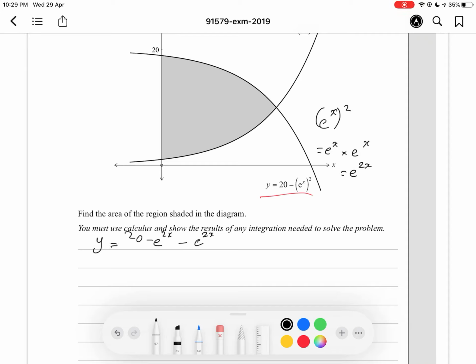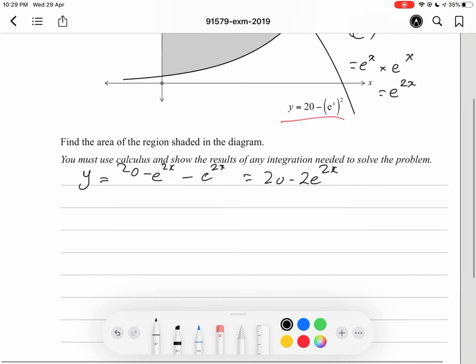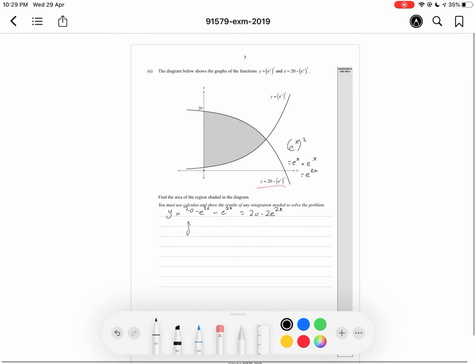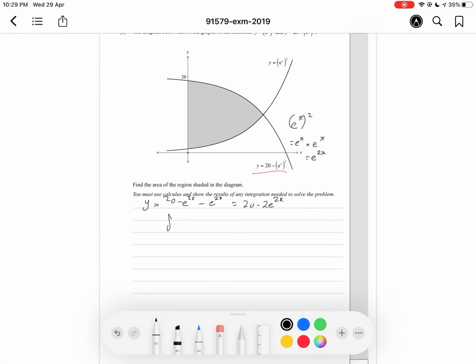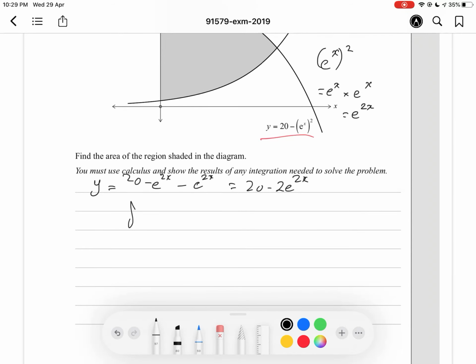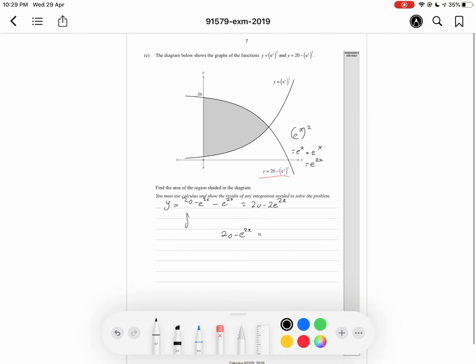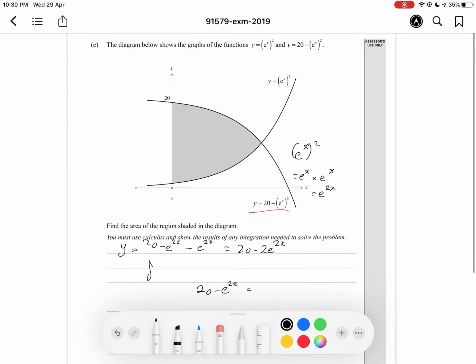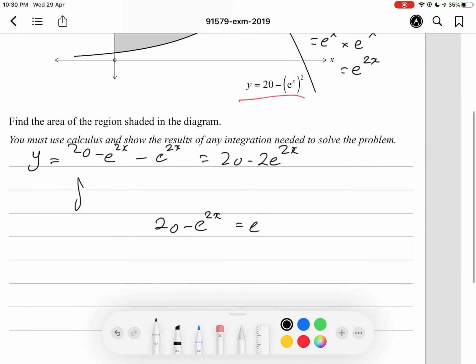So we'll just call this y, and it equals 20 minus 2e to the power of 2x. Now we need to find the integral, so we need to find the points of intersection. To find the point of intersection, we make the two graphs equal to each other. So 20 minus e to the power of 2x equals e to the power of 2x.